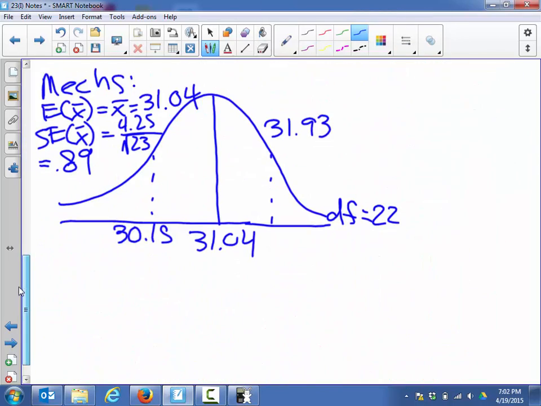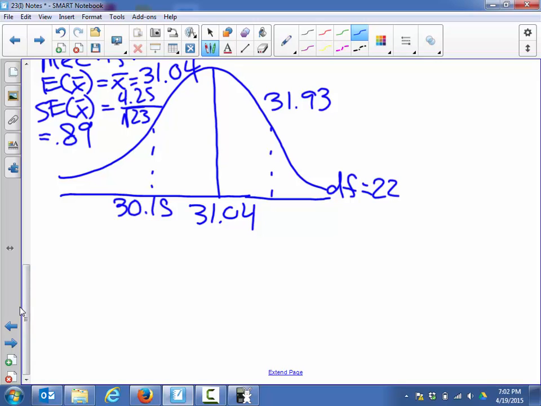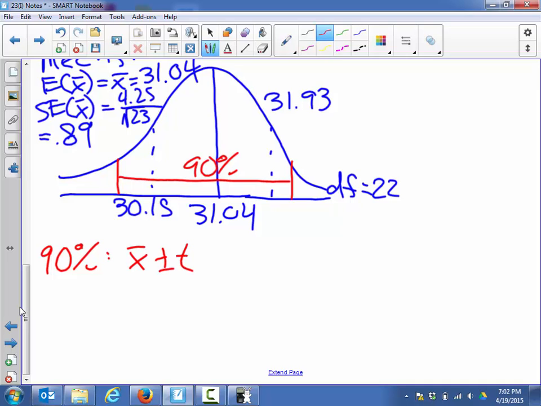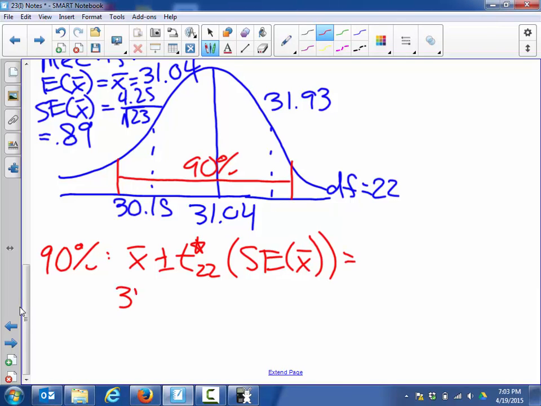Going from memory here, I might be wrong about this. For some reason I didn't write this in my notes. Oh yeah, it is 0.89. Okay, cool. So here's our confidence interval centered on 31.04. 0.89 to either side takes us to 31.93 and 30.